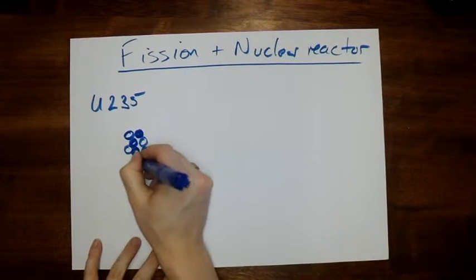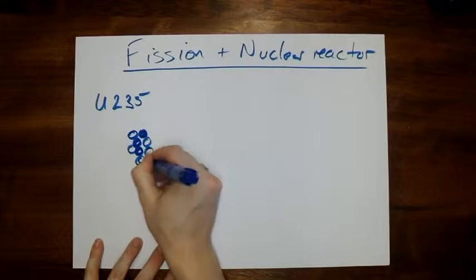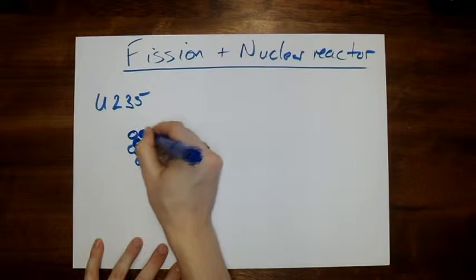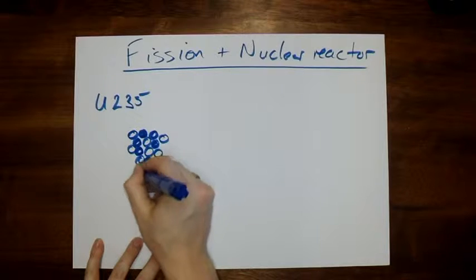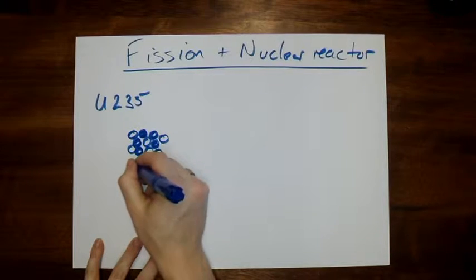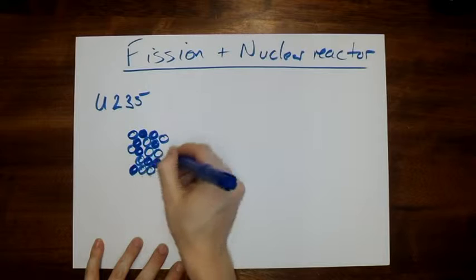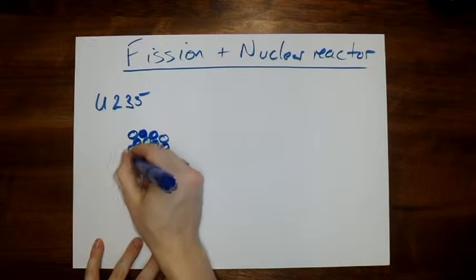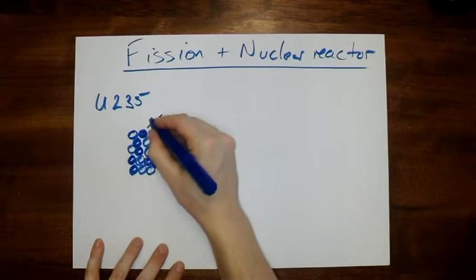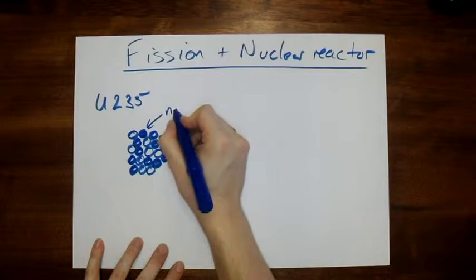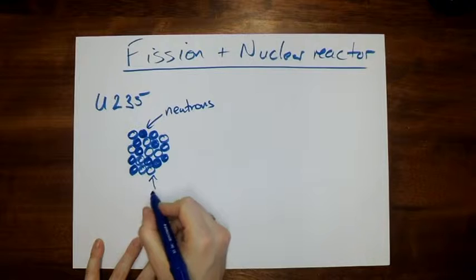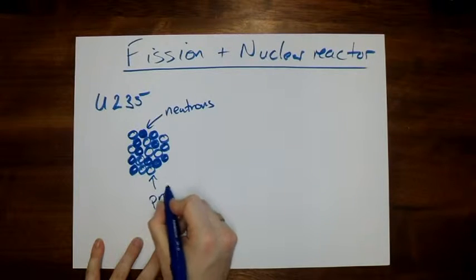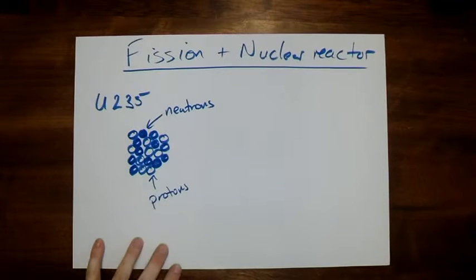This is the nucleus of a uranium-235 atom. The coloured in dots are the neutrons, and the non-coloured in ones are the protons.